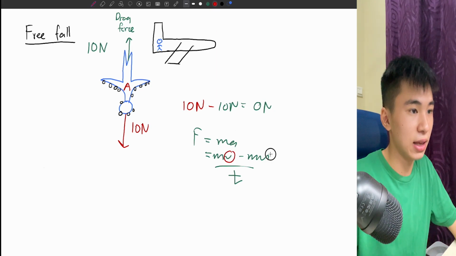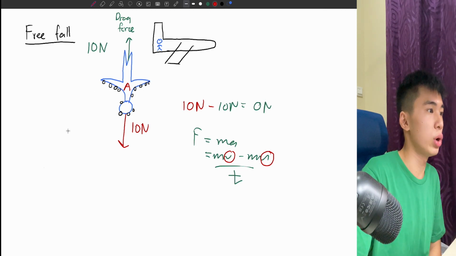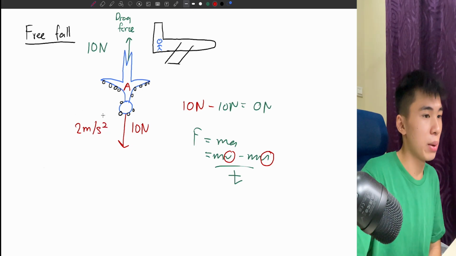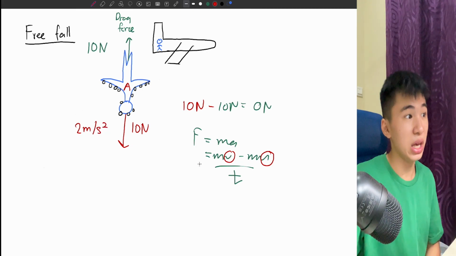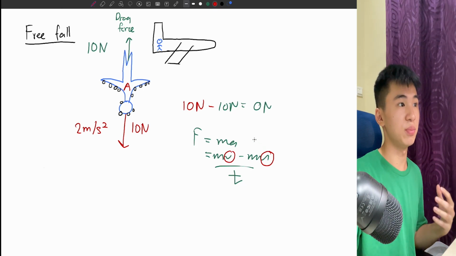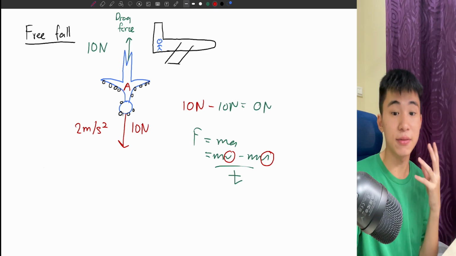Our final and initial velocity, let's say the acceleration is going to be 2 m/s² in this case. So there is still velocity in it, but the resultant force will be 0, which means this guy is still moving, but it has zero resultant force in it.